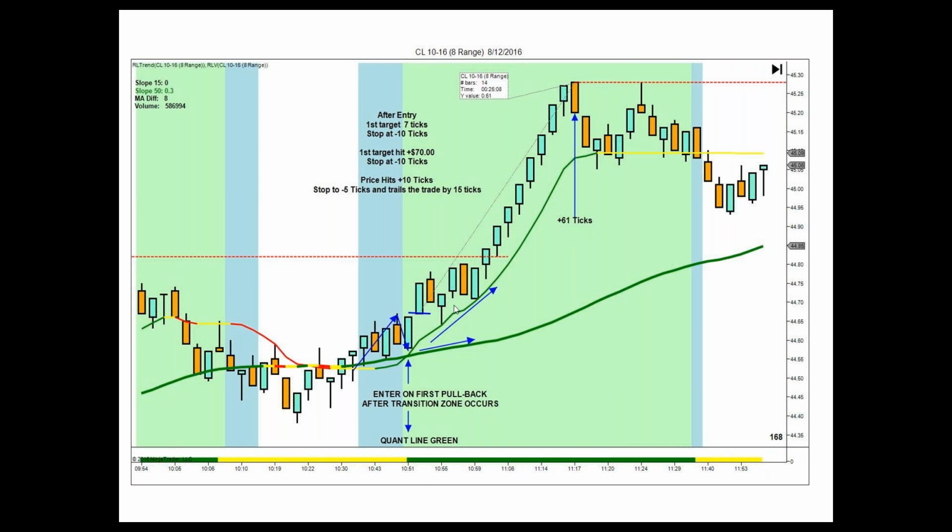So on 2 contracts, you make 7 at the first target, and then 15, let's see, I think that's 46. That's 46 ticks and 7 ticks. That's a $530 trade. Letting this come back all the way 15, that's what you would do, because there was still room to move to the upside. You don't know where the trade is going to close.